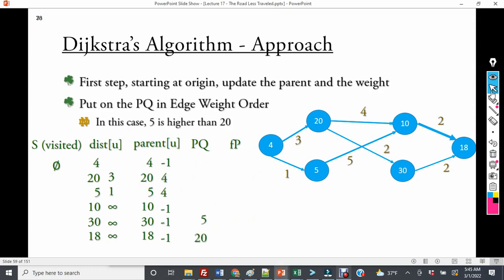So when we initialize, we're going to evaluate the initial vertex and look at the outgoing edges. We see that the outgoing edge from 4 to 5 with a weight of 1 is less than the edge from 4 to 20 with a weight of 3.